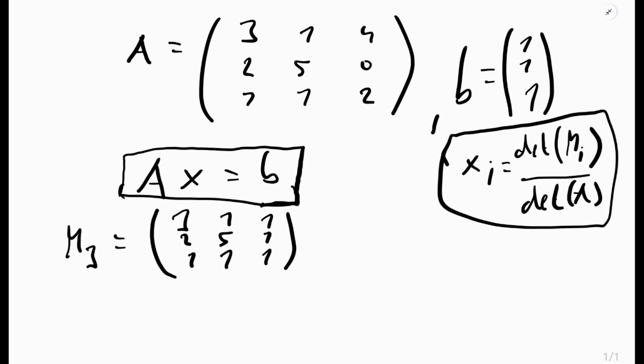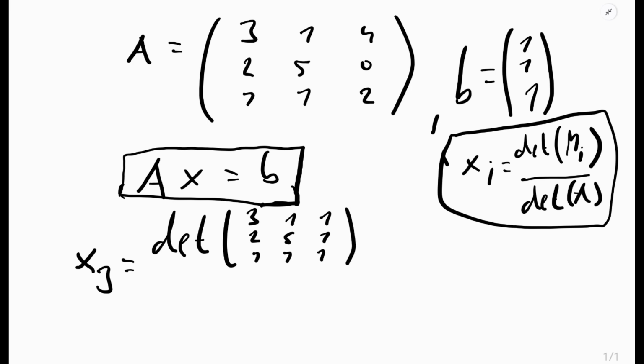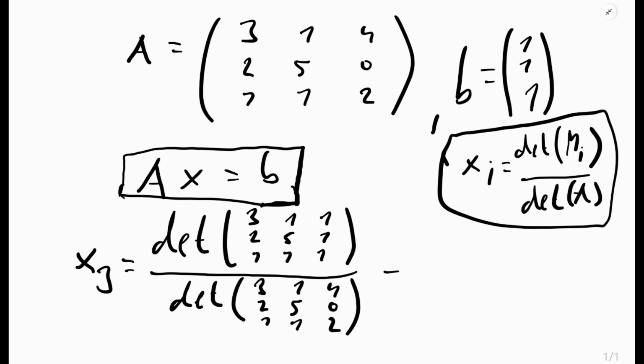Well, as was shown, all we have to do is just write it out according to the rule. So x sub 3 is the determinant of M3, and M3 is A with the third column replaced by the right side of the equation, the b. So that is the determinant of 3 2 1, 1 5 1, and then put the 1 1 1 there, over the determinant of A in the default form: 3 2 1, 1 5 1, 4 0 2.